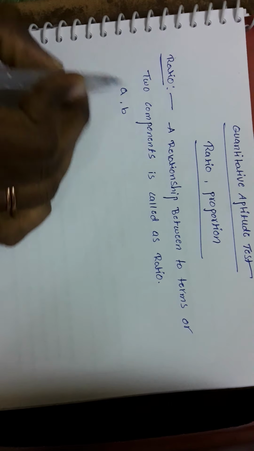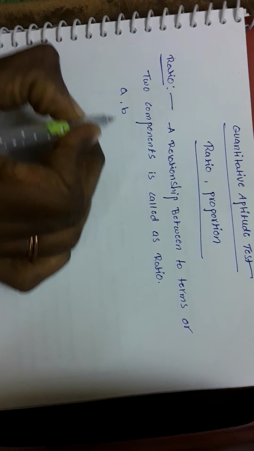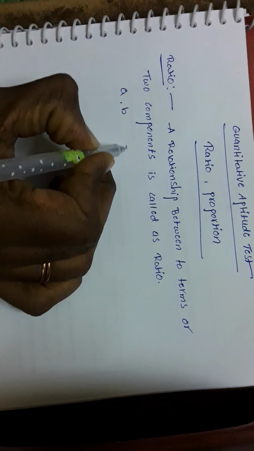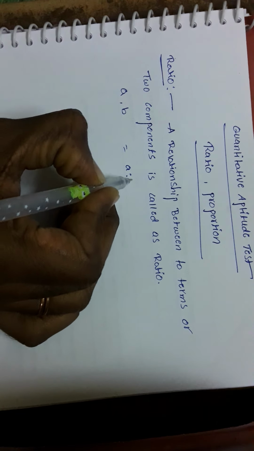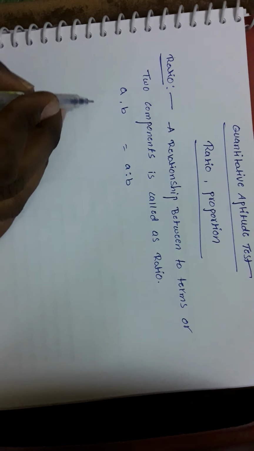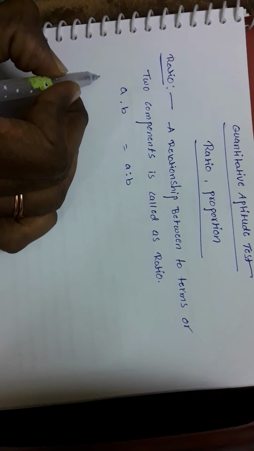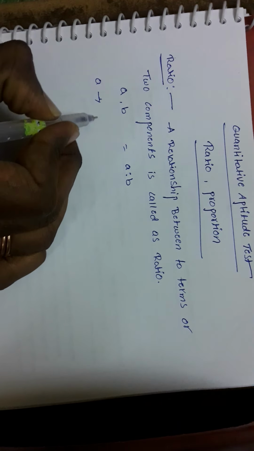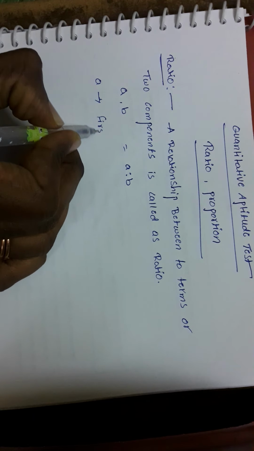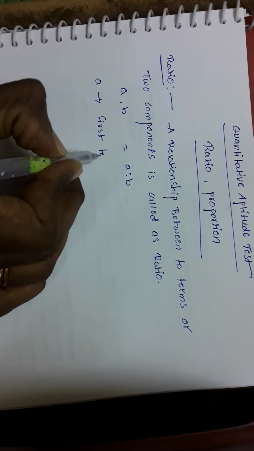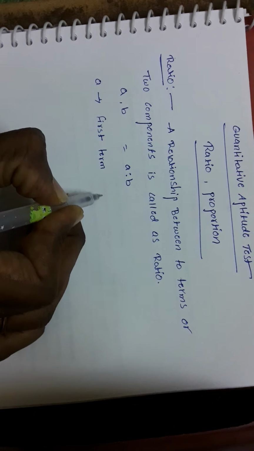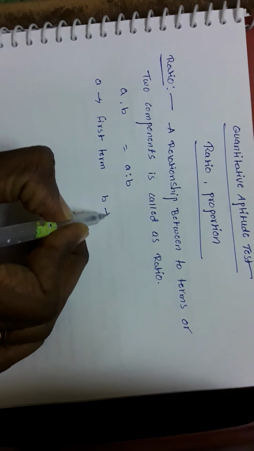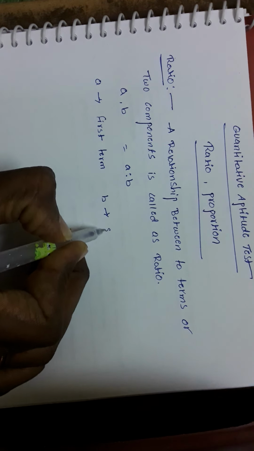Now we write the ratio of these two terms like this: A is to B. In this, A is called the first term and B is called the second term.